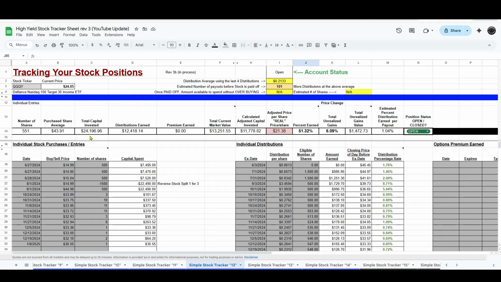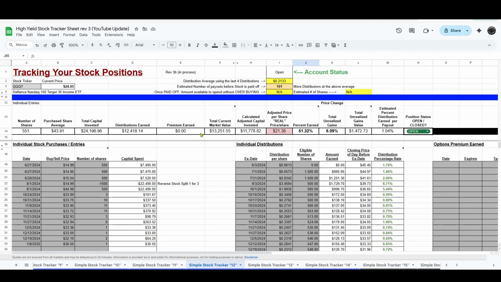If anything, it might lower slightly if you had some fractional shares, because those fractional shares will probably just get paid out in cash, and therefore that will probably lower a little bit of your invested capital into this particular stock ticker. At least that's what I've seen in the past.